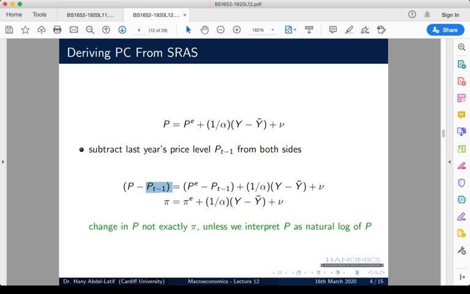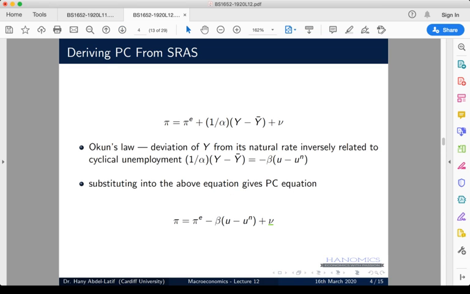And relying on what we learned in lecture 2 about Okun's law, that negative relationship between output and unemployment, that took us to the full equation, what we call the modified Phillips curve, or expectations augmented Phillips curve.